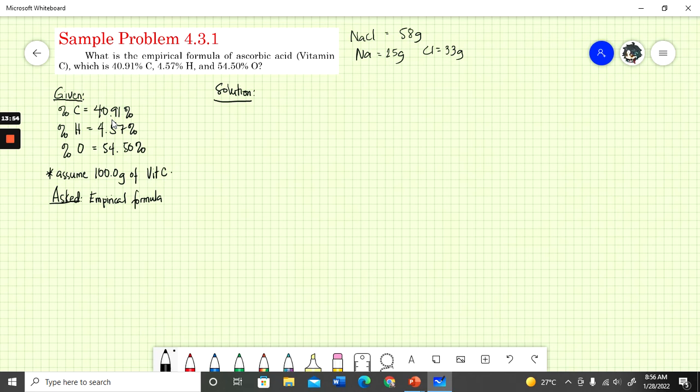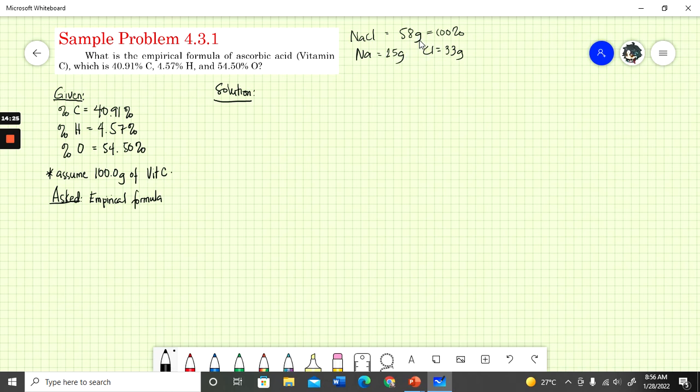So what we did is we assumed this to be the 100%. By dividing the mass of sodium from NaCl by the total mass of our NaCl, we can find how many percent of the 58 grams is from the 25 grams.